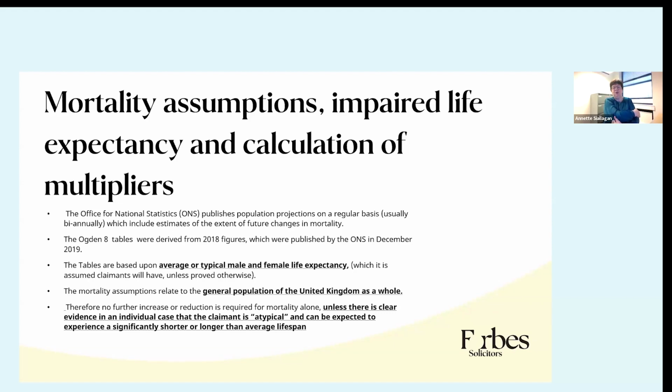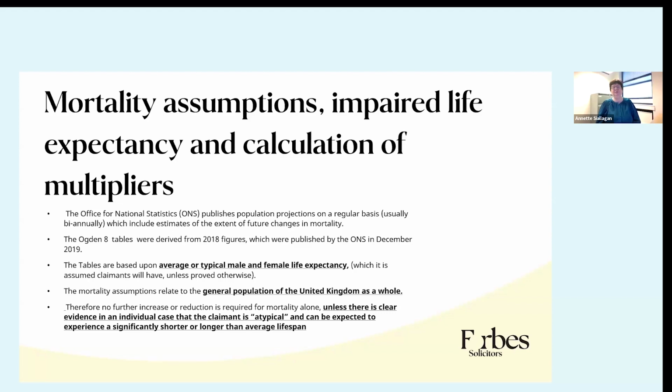So if you've got someone who's not typical, then I suppose it's possible for you to argue that it should be a different rate. But because the mortality assumptions are based on the whole population with different lifestyles, I think you'd have some difficulty persuading the court that you should adopt a different rate.